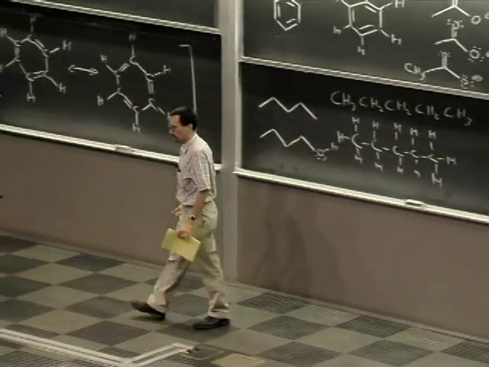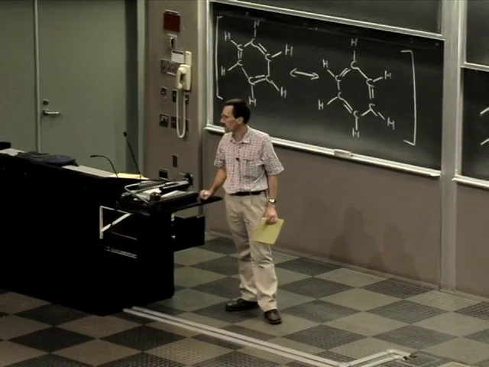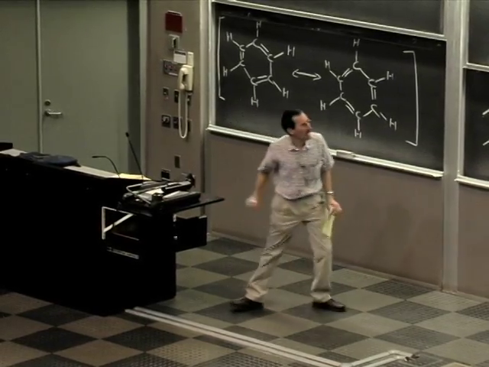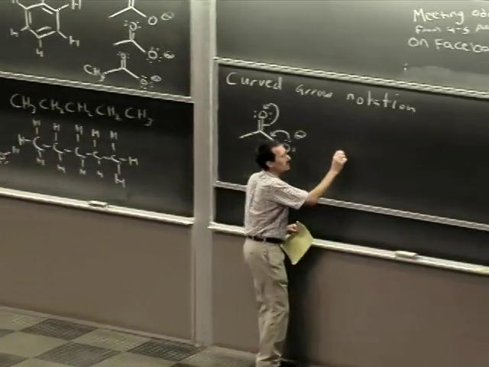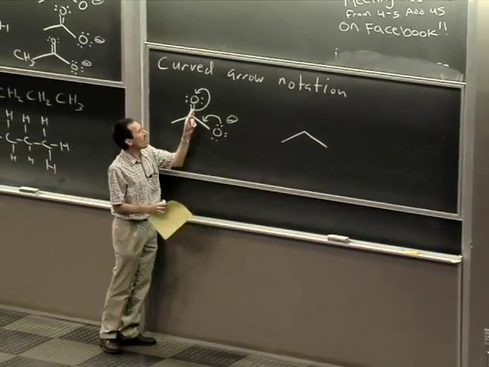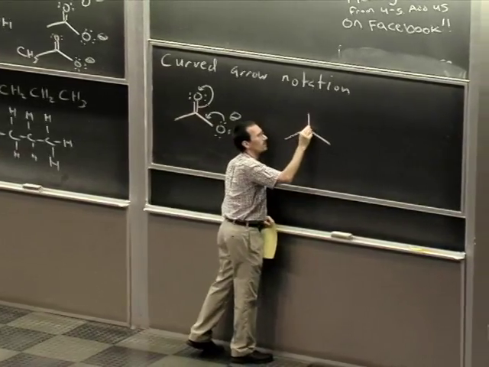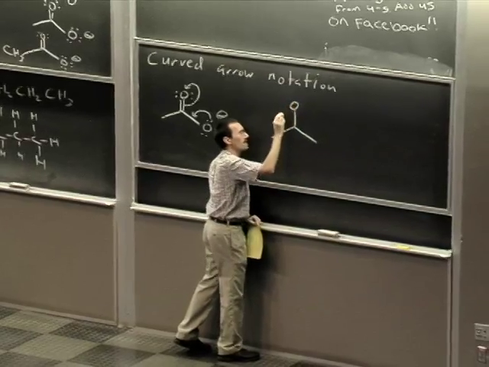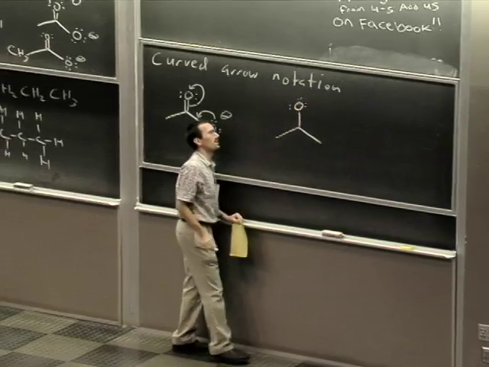And again, I use a curved arrow to help conceptualize, to represent that process. And when we're done, what this means is we've gone to a structure in which we now have a single bond to the upper oxygen, 8 electrons around it, 3 lone pairs, and a bond.